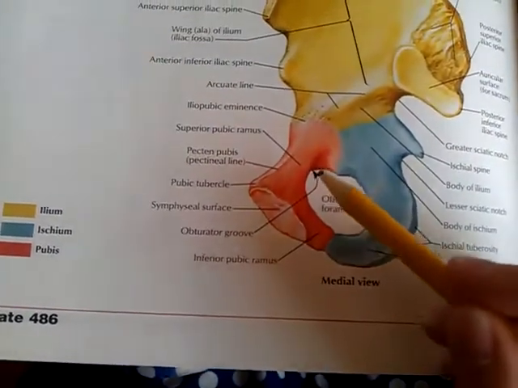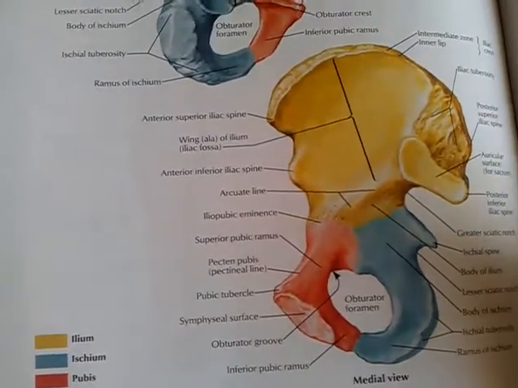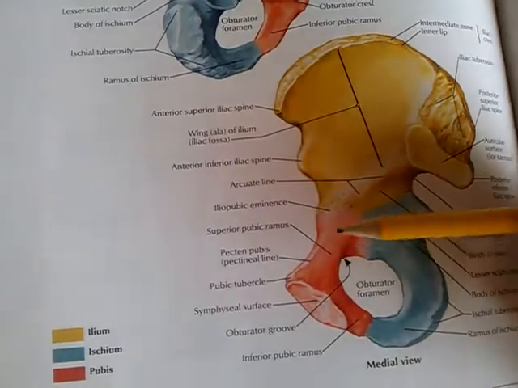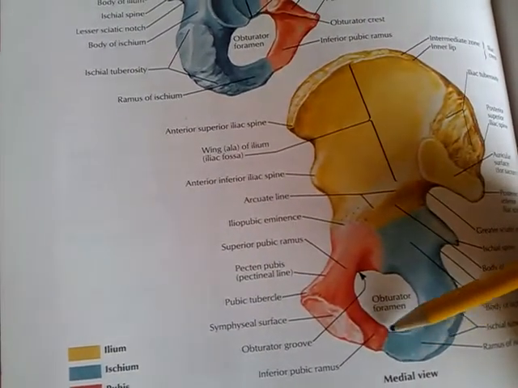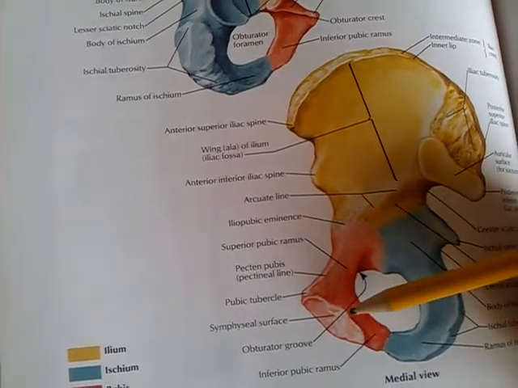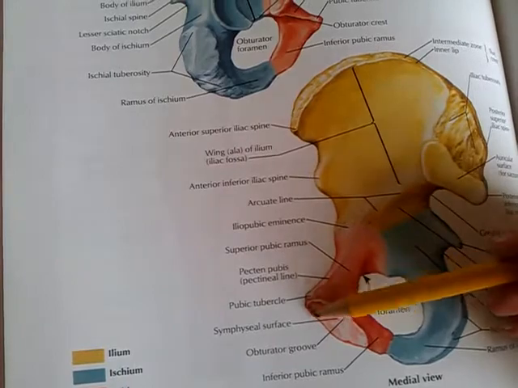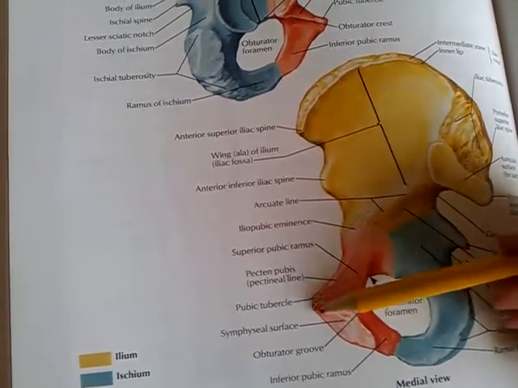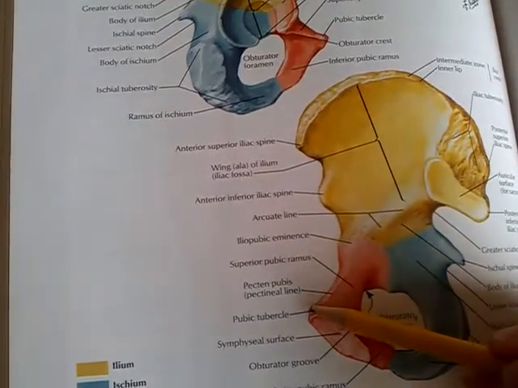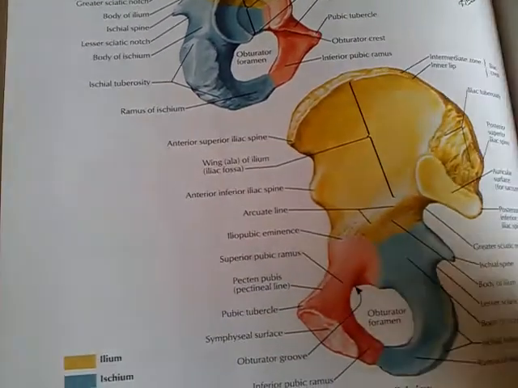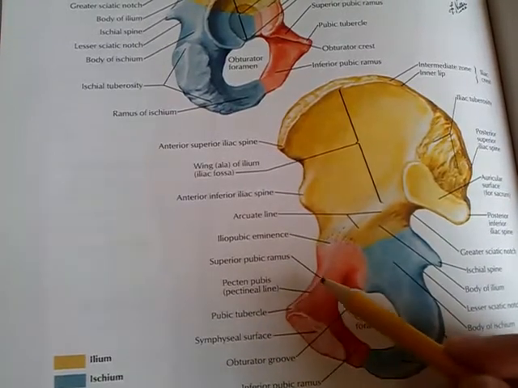You can see medially the obturator groove would go in here. The inferior ramus meets with the ramus of ischium, and ventromedial surface of pubis is termed symphysial surface. You have pubic tubercle, pubic crest, and also pectineal line.